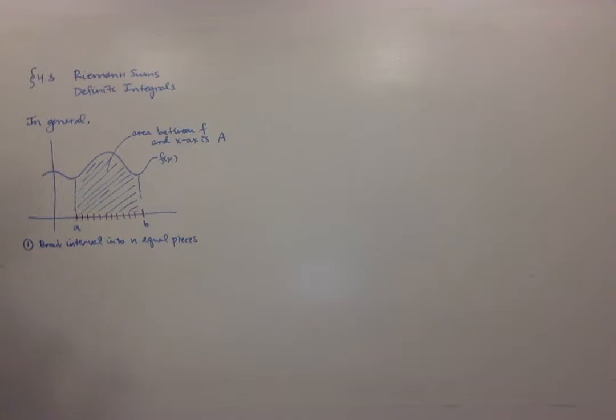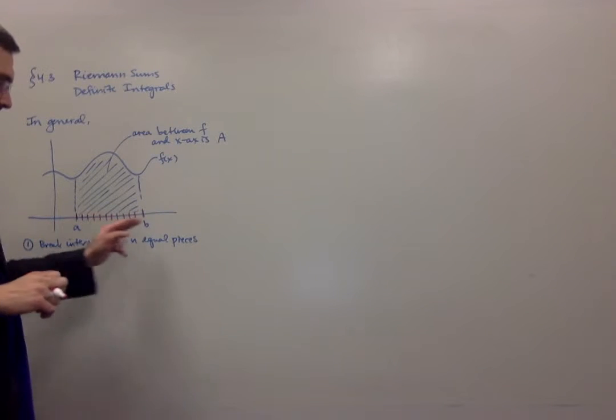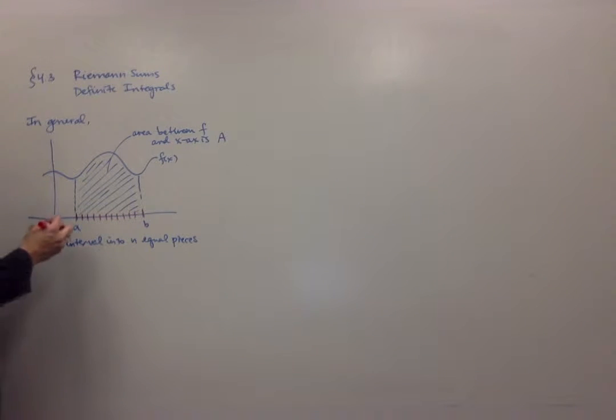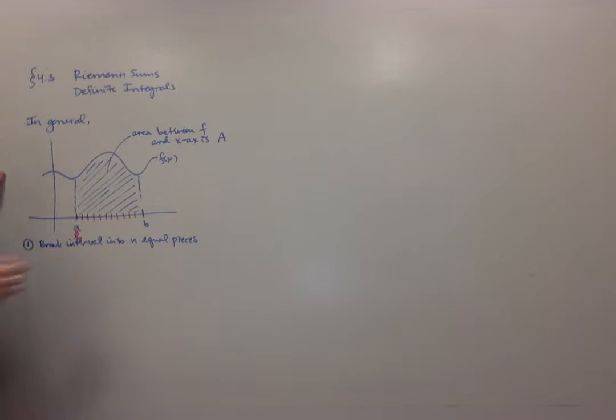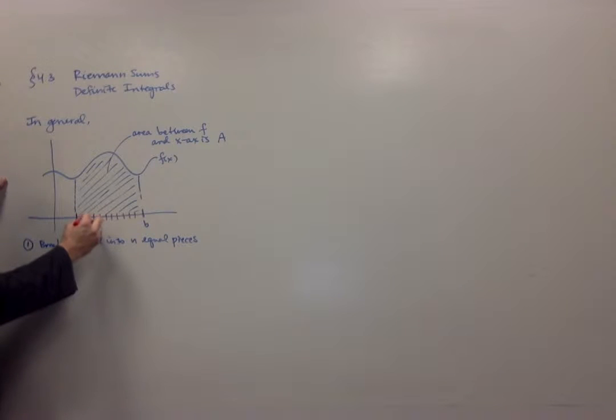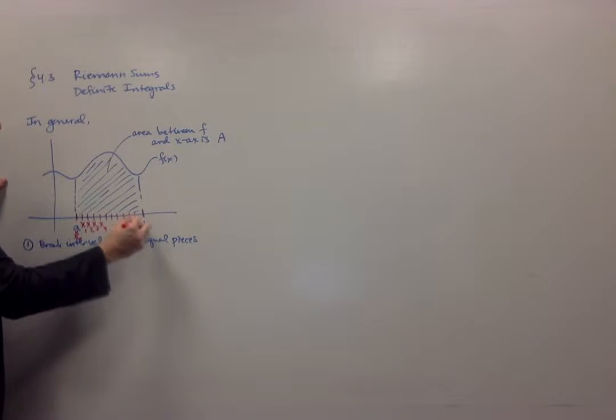Now, one thing that's going to be a little bit different here is I'm actually going to label these pieces. I'm going to give A a new name, x0. Then the first tick after A is going to be x1, then x2, then x3, x4, and then the last one, which is B, is going to be x sub n.